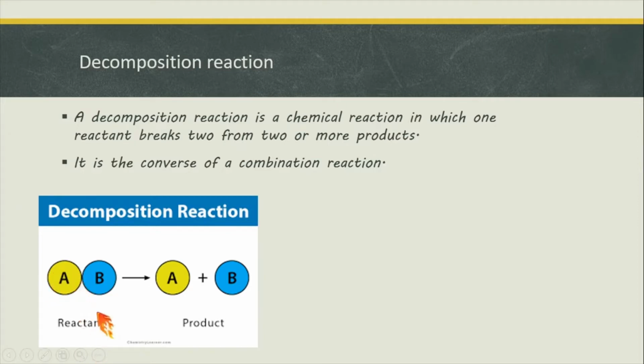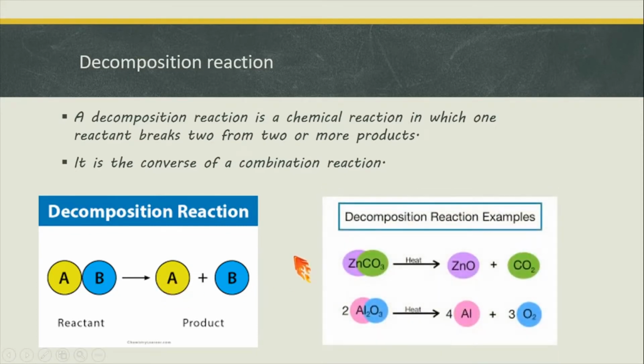Here's a compound, the reactant AB, and when the decomposition reaction occurs, it will be divided into A plus B. And here are some examples: ZnCO3, and when it's heated, it will divide into ZnO plus CO2. And here's another example: 2Al2O3, and when that is heated, it will divide into 4Al plus 3O2.